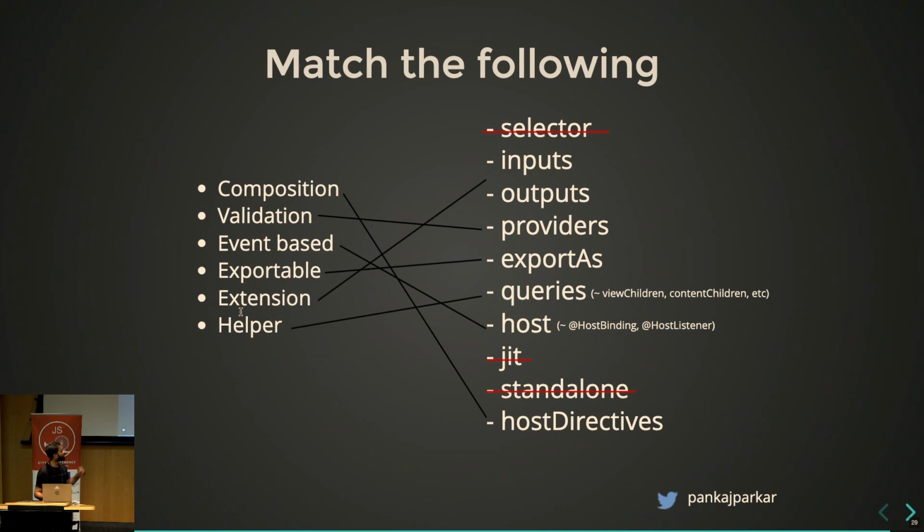And last but not the least, helper component. It may help you to play around with view children, content children, or alternatively you can use the queries option of the Directive API. And this is it, this is the Directive API, and maybe first decide while developing an application which category your directive is falling in, and then use the properties appropriately.